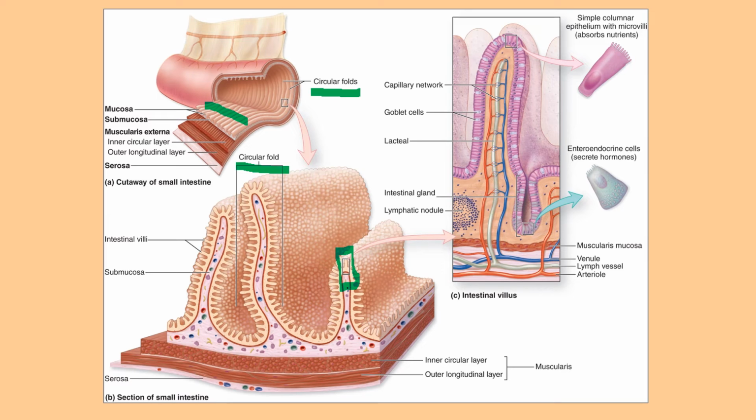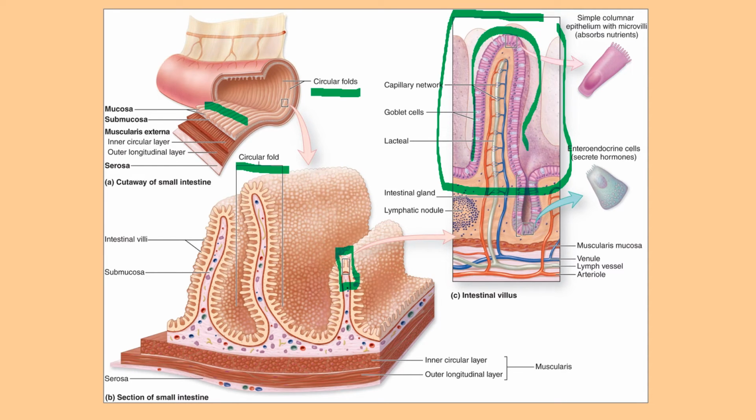And so when that one villus is blown up here, we can see these are a mixture of absorptive cells and goblet cells. So the goblet cells make mucus, and here mucus is acting like a lubricant to help keep the chyme flowing smoothly. And these absorptive cells, shown here, here's an absorptive cell with its brush border.